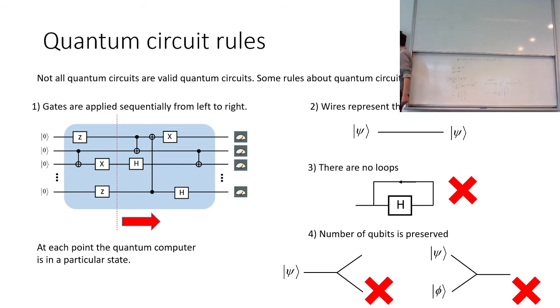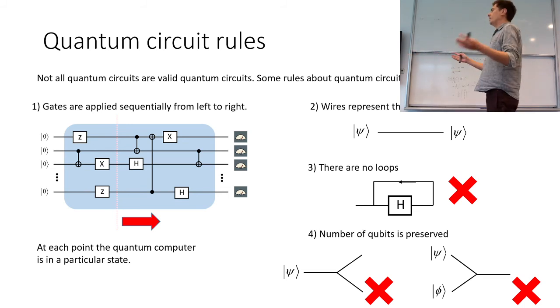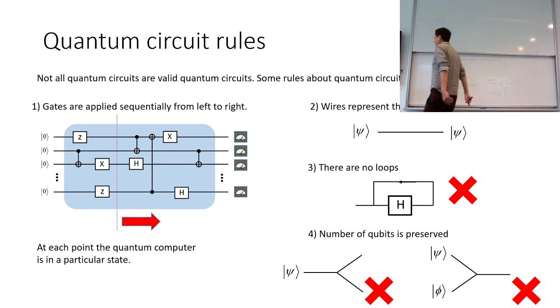You also can't have things branching out, because each of these lines represents a single qubit. If one splits into two, this would mean the qubit is splitting into two, and I don't really understand what that would mean. Nor does this one make sense, because you can't have two qubits turning into one qubit.